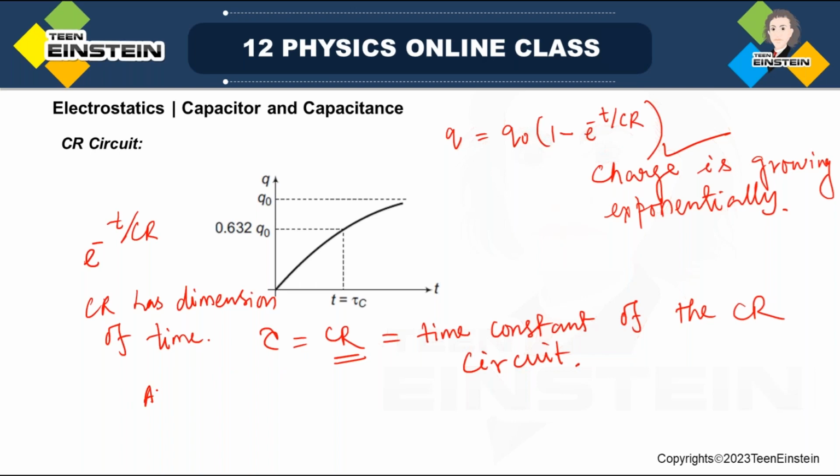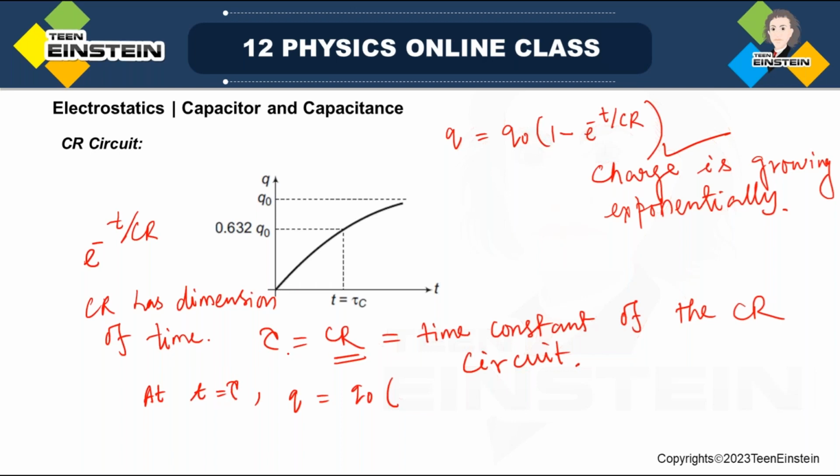When t is equal to 0, what do we get? Q is equal to Q0. No, not t is equal to 0. I take t is equal to tau.